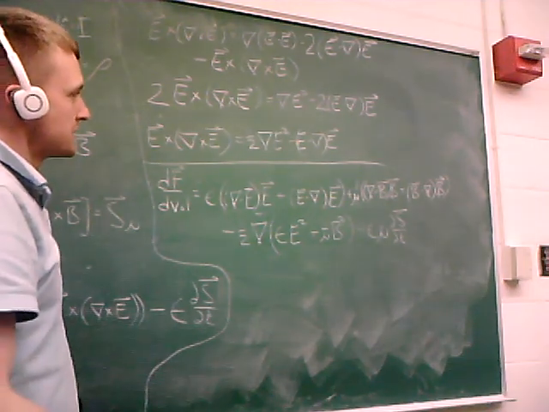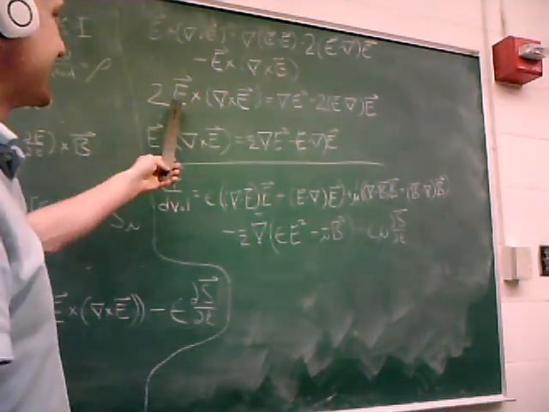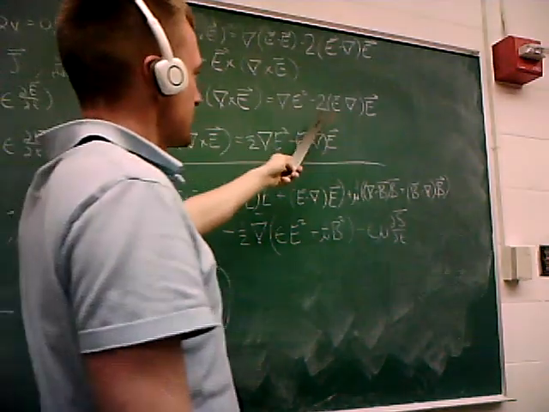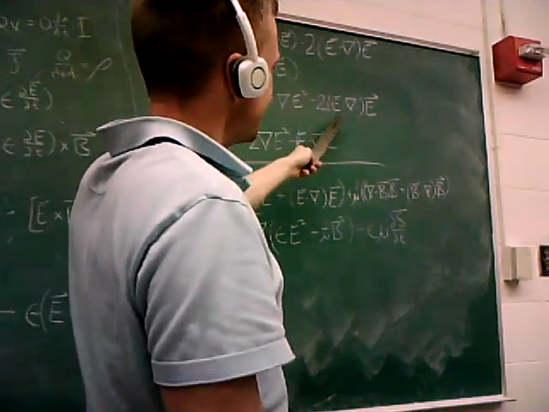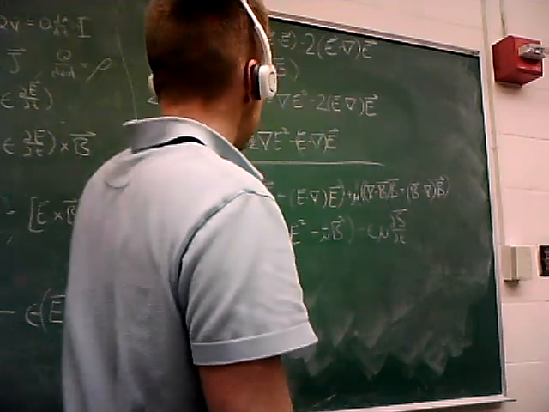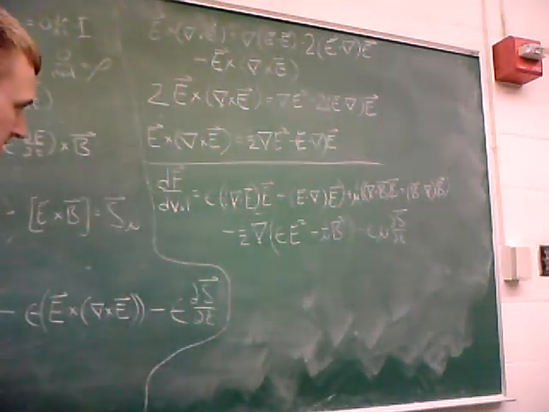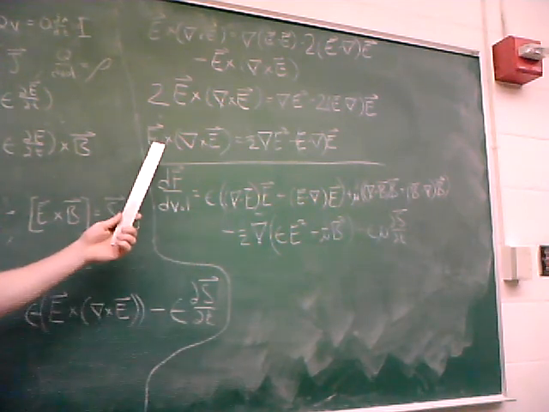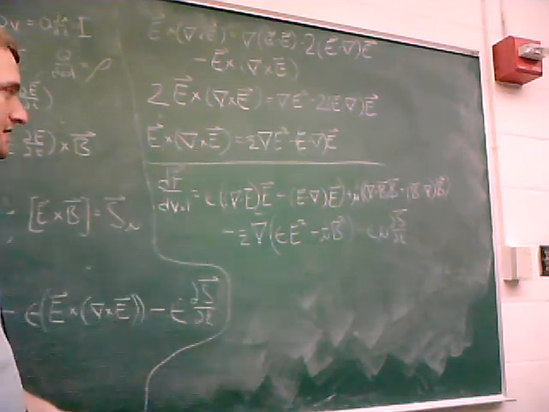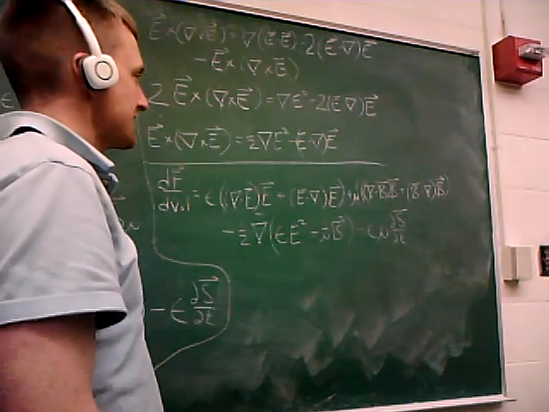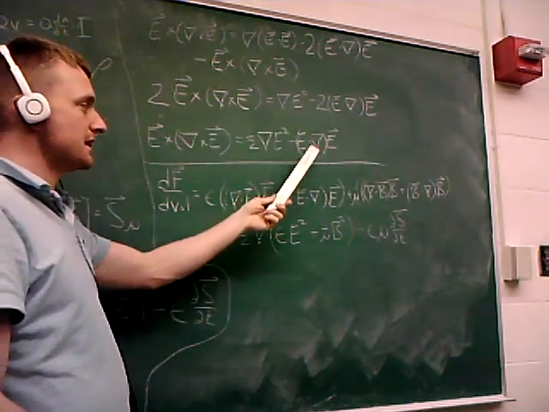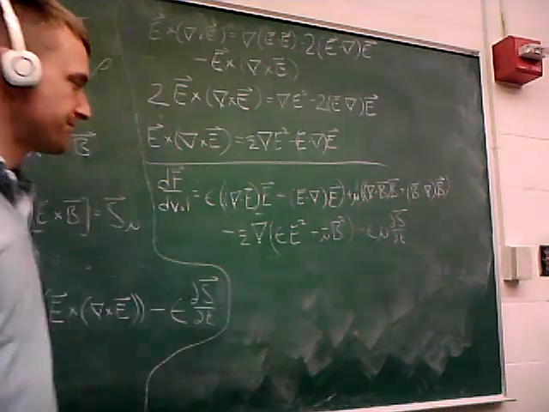After combining like terms, we have 2 E cross curl of E equals grad E squared minus 2 E dot del times the E field. Divide by 2 to reduce the number of coefficients we have, and we get E cross curl of E equals 1/2 grad E squared minus E dot del times the E field.